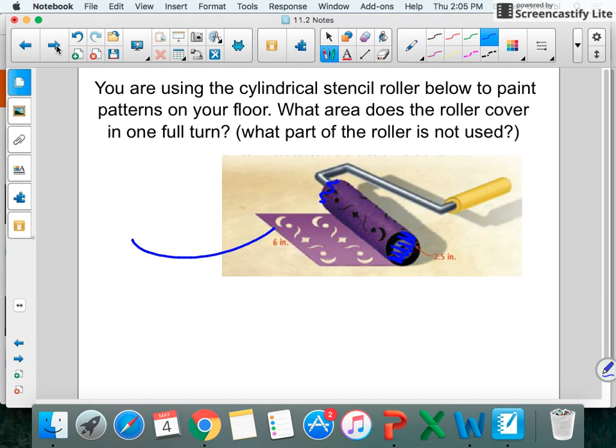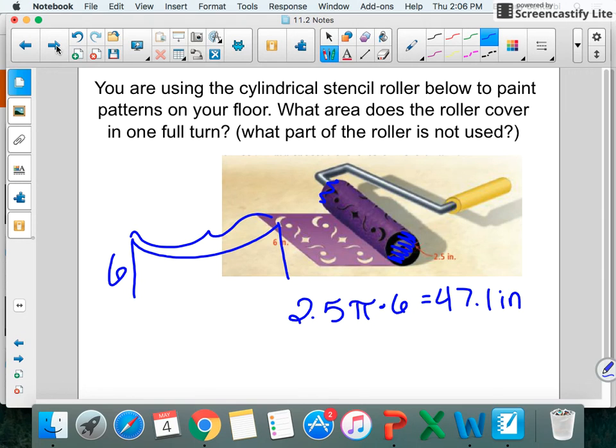If we unravel that paint, we get the height, which is 6, and then we have to times the diameter. This whole part is the diameter. My diameter is 2.5, so I'm going to take 2.5 pi times 6. And that gives you 47.1 inches squared.